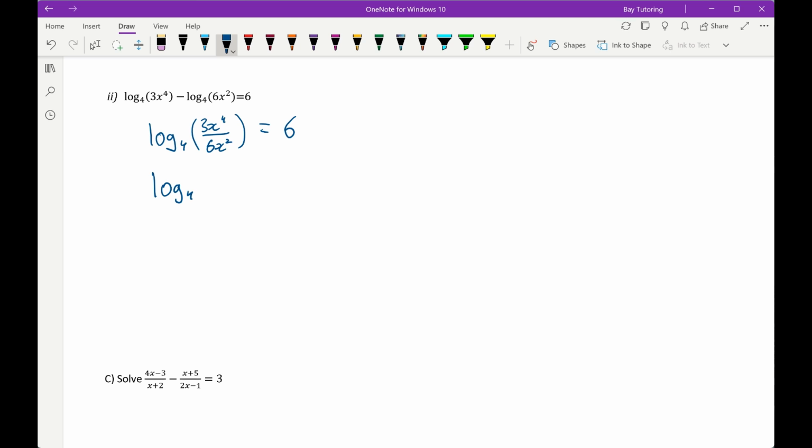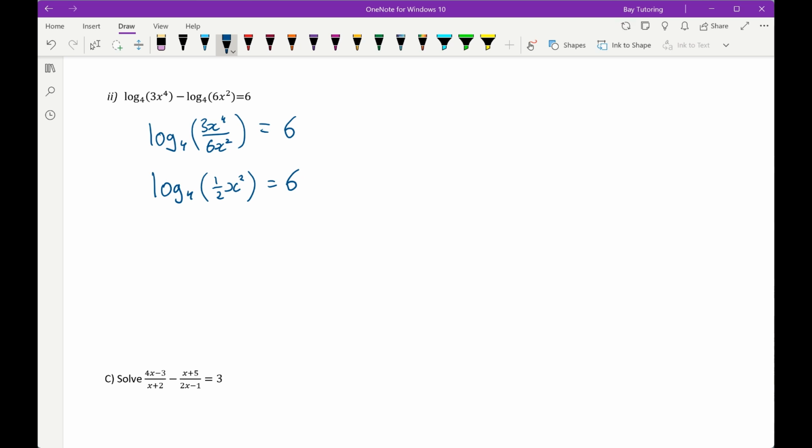X to the power of 4 divided by x squared would be x squared. So this would be log 4 of half x squared, or you could write that as x squared over 2. That would be the same thing. I'm going to keep using brackets just to make it clear what is inside the log, which is the 1/2 x squared. So again, we can't do too much with this as it is.